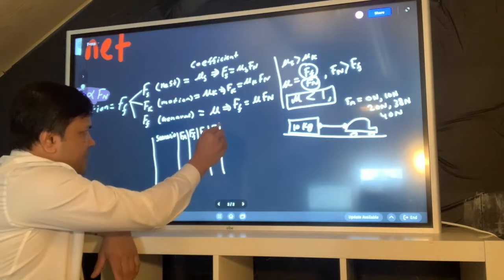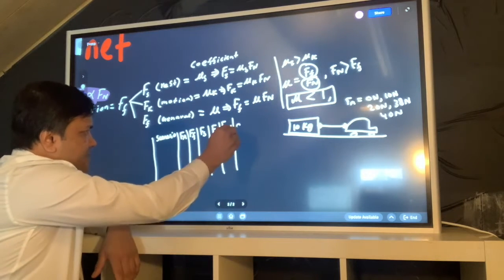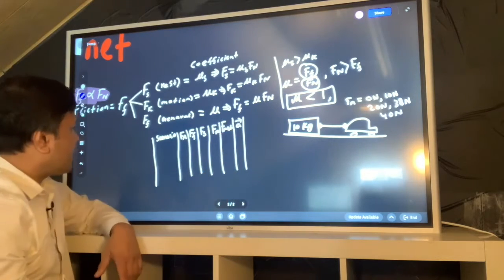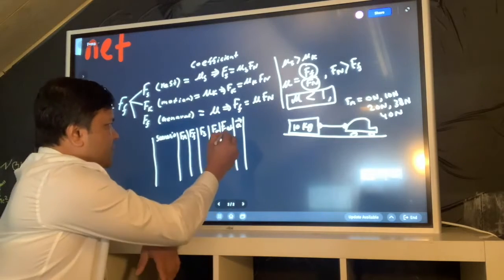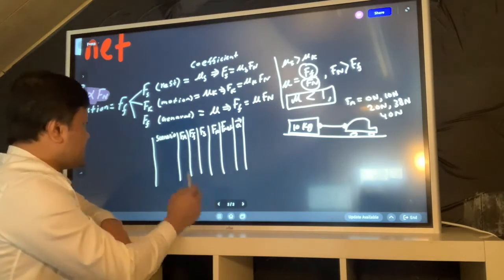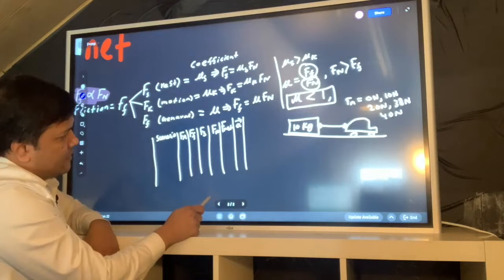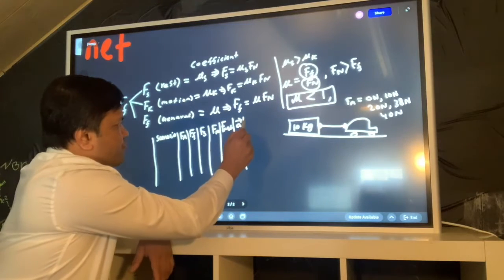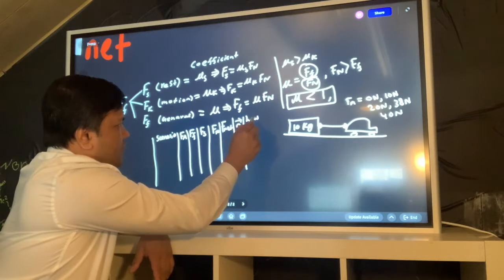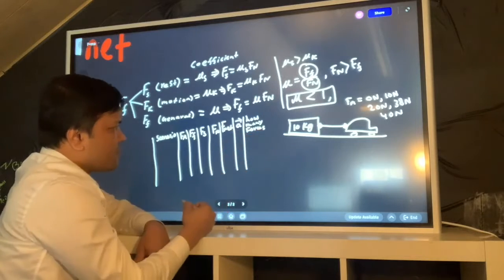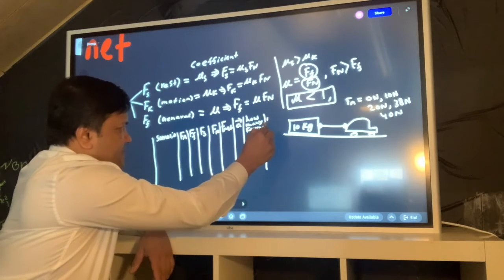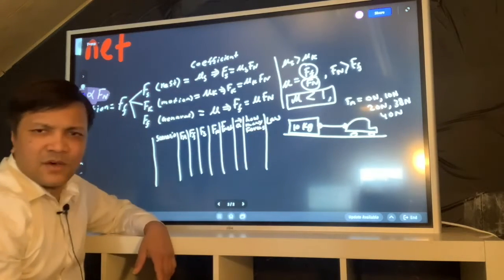This is going to be the net force, this is going to be the acceleration, and this is going to be how many forces are acting on the box, and what law is it? Newton's first law or Newton's second law?